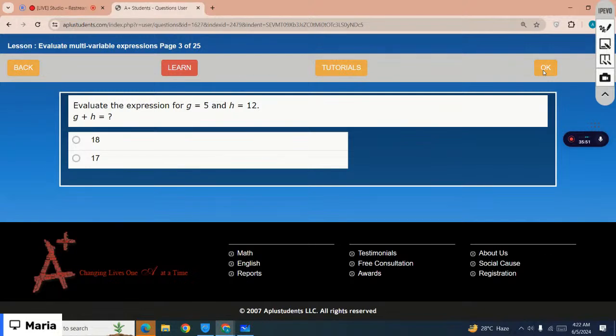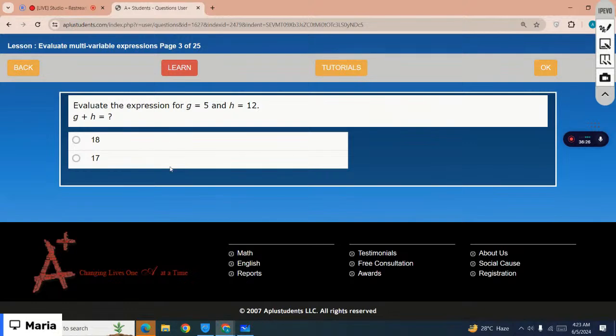Evaluate the expression for g equals 5 and h equals 12. So which is the correct option? The correct option is 12 plus 5 is 17.